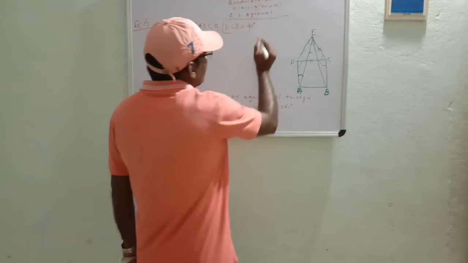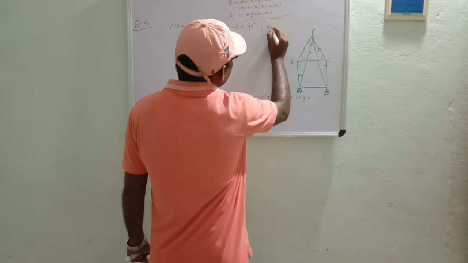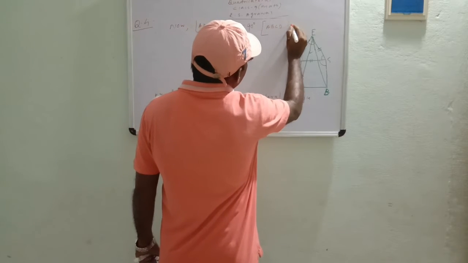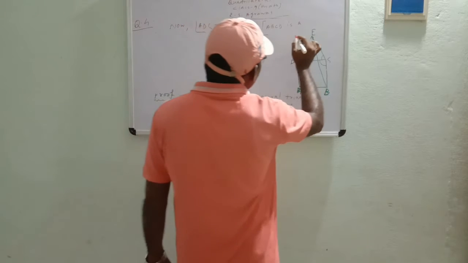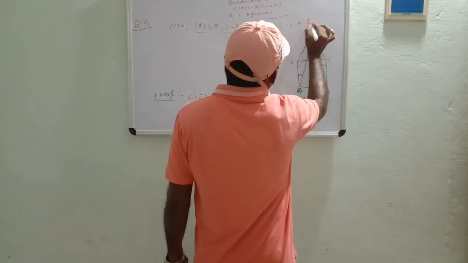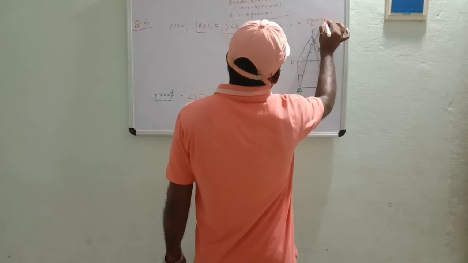What is the reason? Because ABCD is a square. You already know that all the angles in a square are 90 degrees. So it is the reason.